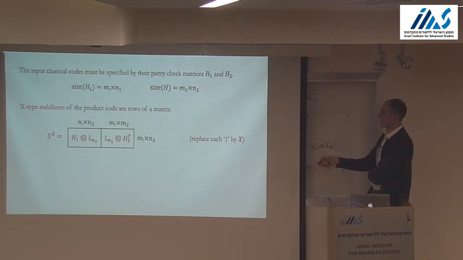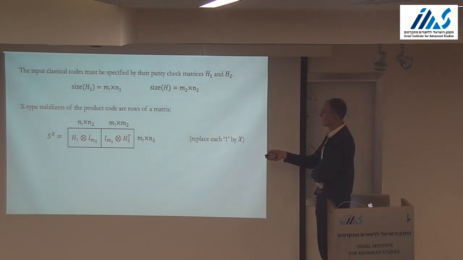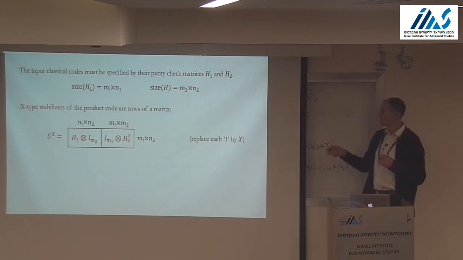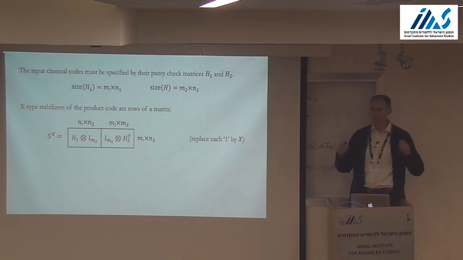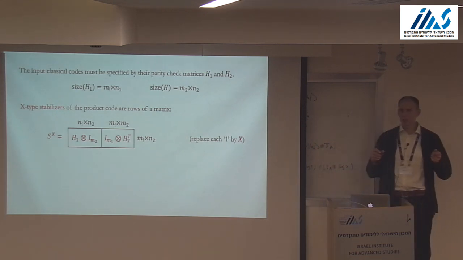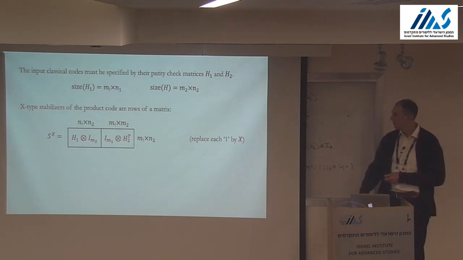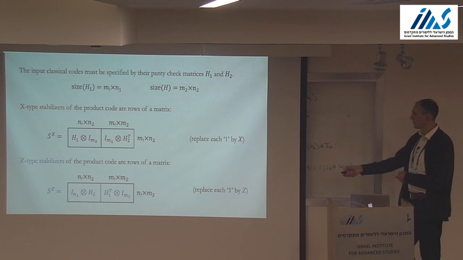Here I show how to define stabilizers of X type. This equation basically defines a binary matrix, and each row of this matrix is a bit string, and we have to convert this bit string into a Pauli operator by replacing each zero with identity and replacing each one with Pauli X. And then we have a similar definition for Z-type stabilizers, but now we replace each one by a Pauli Z.